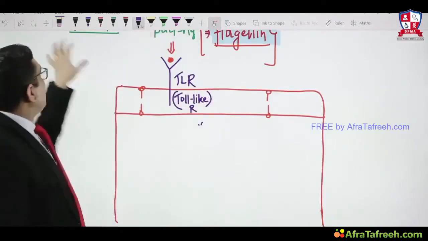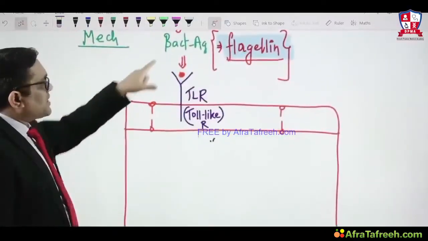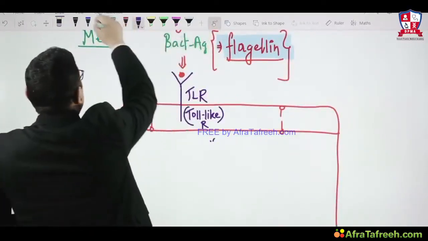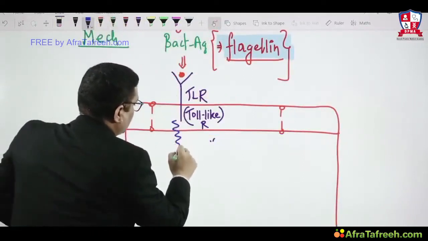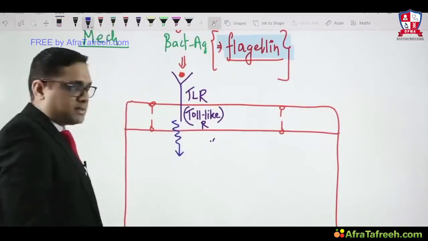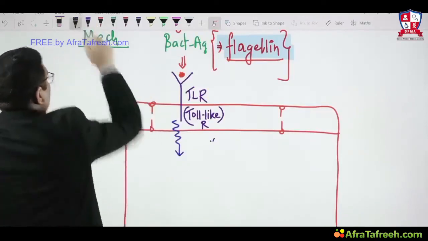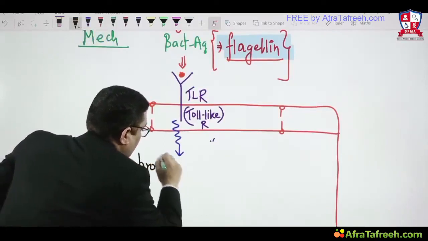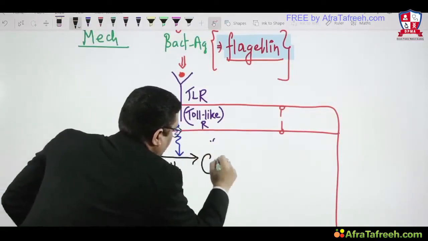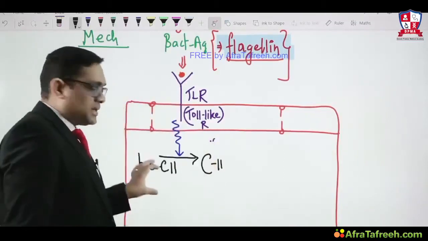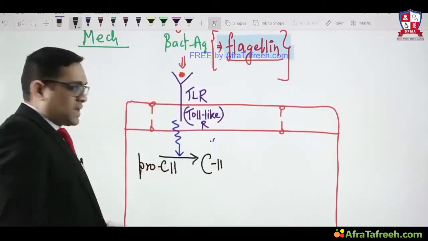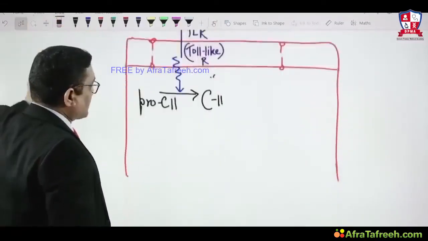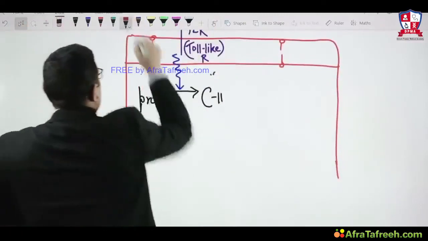Whenever the bacterial antigen combines with the Toll-like receptor, it sends a signal to the cytoplasm, and in the cytoplasm this activates procaspase 11 to caspase 11. So procaspase 11 is converted into caspase 11 by the Toll-like receptor.